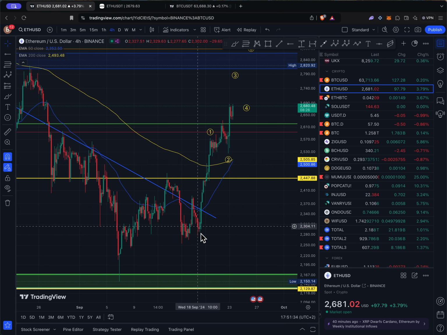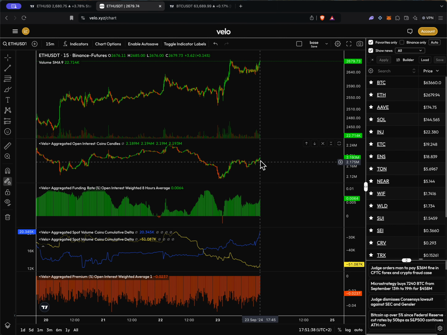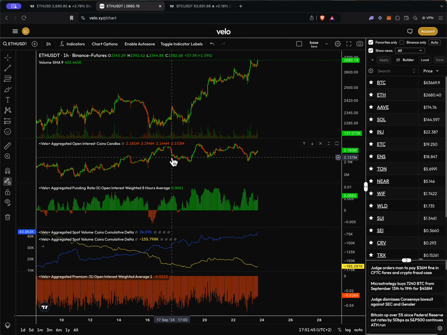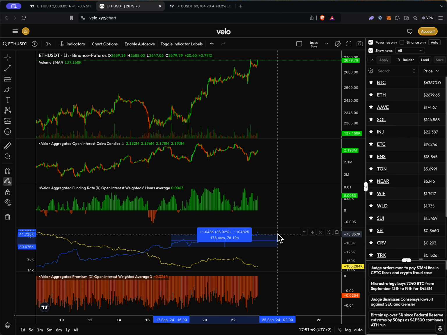This is from 18 September. From 18 September, we see that the spot cumulative delta increased by 13,000 coins, about 50%.